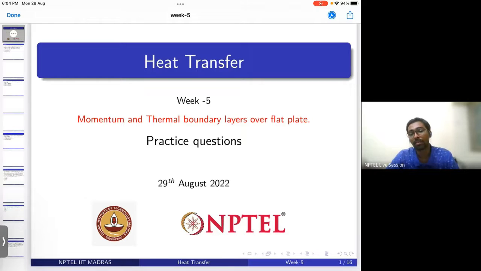From the heat transfer perspective, we did the similarity analysis and found the expression for the heat transfer coefficient, which was a function of the Reynolds number and Prandtl number.